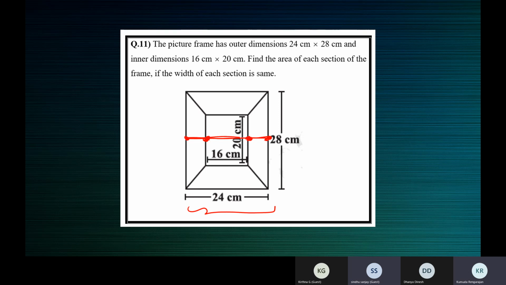The length of this line segment is 24, but this portion is 16. So 24 minus 16 is 8. 8 divided by 2, 4. See, 4 in this 16. Correct, children? Yes, ma'am.